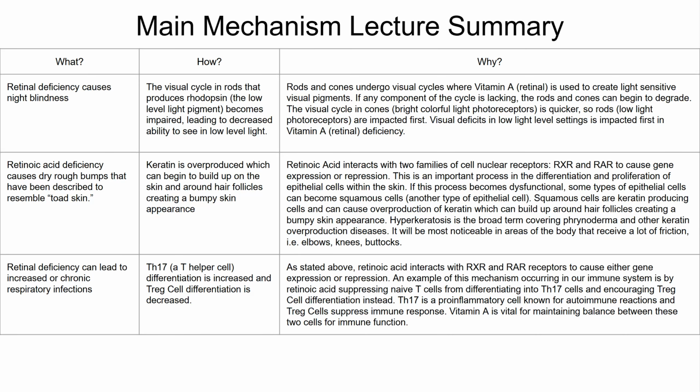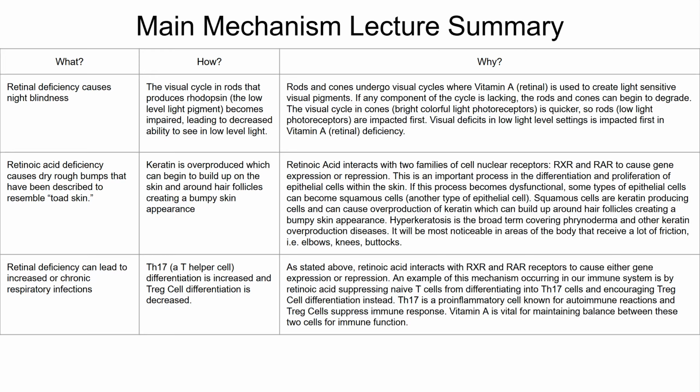The main takeaways as far as the what, why, and how behind the presentation is that retinol deficiency can cause night blindness due to the rods not having the retinol necessary to undergo the visual cycle that produces rhodopsin, which is the low light level pigment. In the integumentary system, dry, rough bumps form from retinoic acid deficiency because retinoic acid interacts with two families of cell nuclear receptors, the RXR and RAR receptors, to cause gene expression or repression.